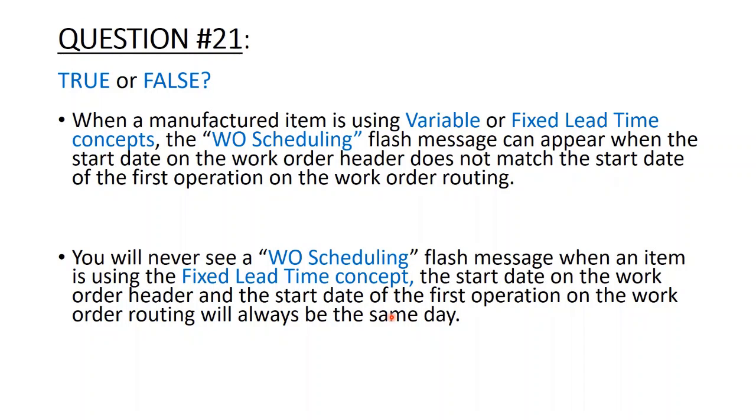We're getting close to the end. True or false? When a manufactured item is using variable or fixed lead time concepts, the work order scheduling flash message can appear when the start date on the work order header does not match the start date of the first operation on the work order routing.